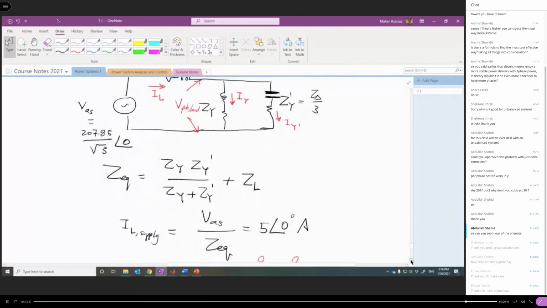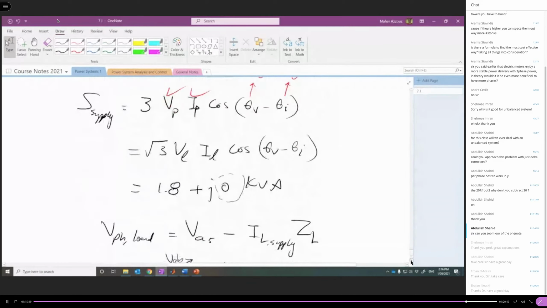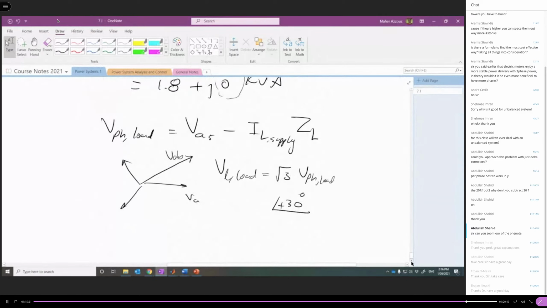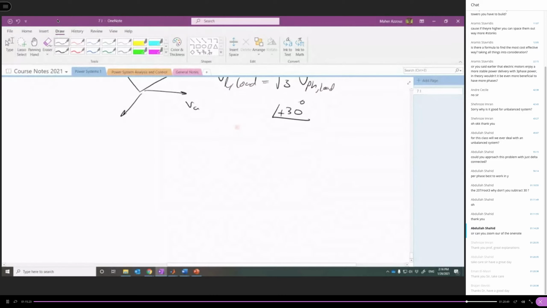So if we go down here, I star phase, or I phase star, can be calculated by applying the current division. If you have the line current, you multiply by Z star dash over Z star dash plus Z star.